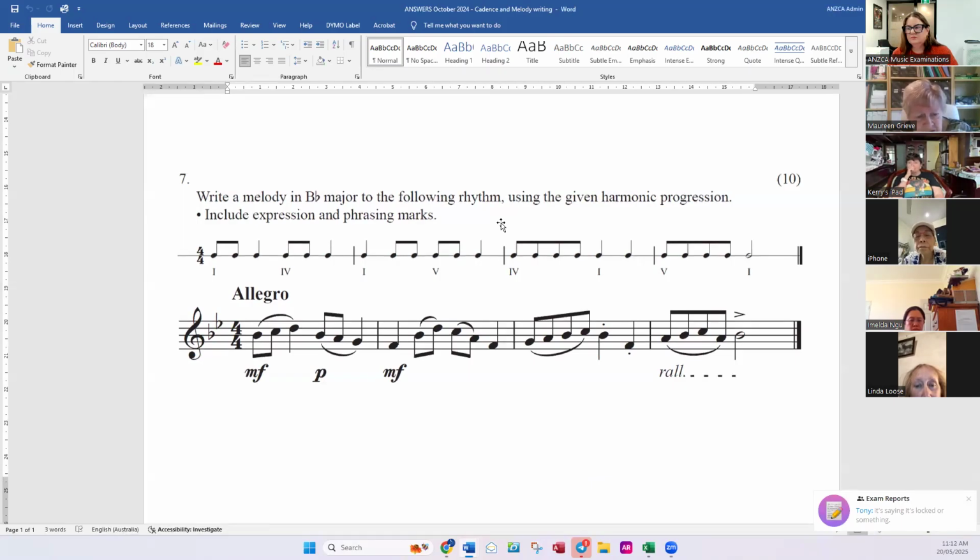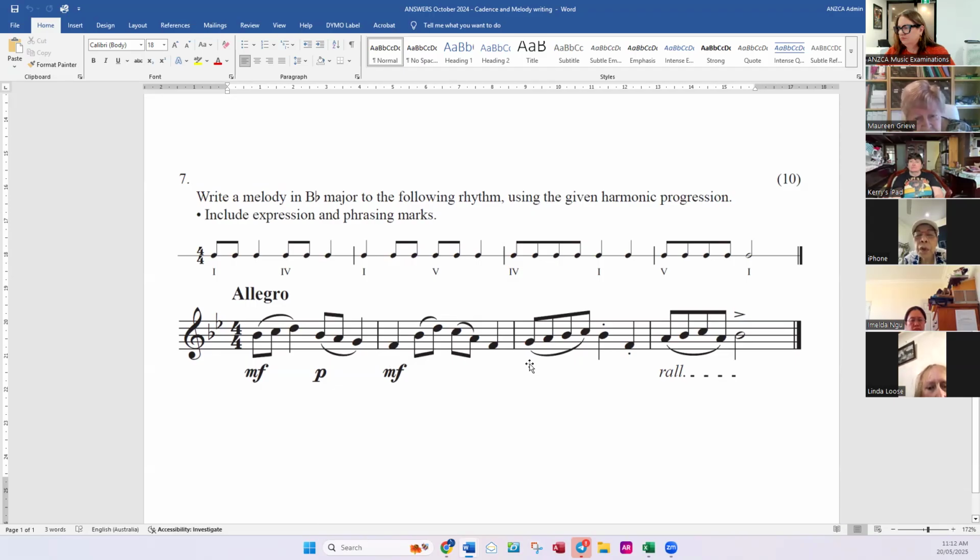If you look at the phrasing, exactly as Kerry suggested, the 3 notes per phrase, and then bar 2 with the quavers separately phrased.